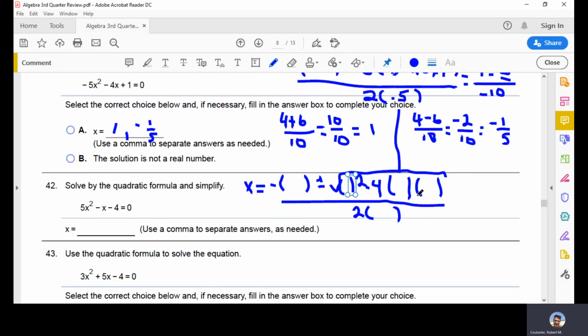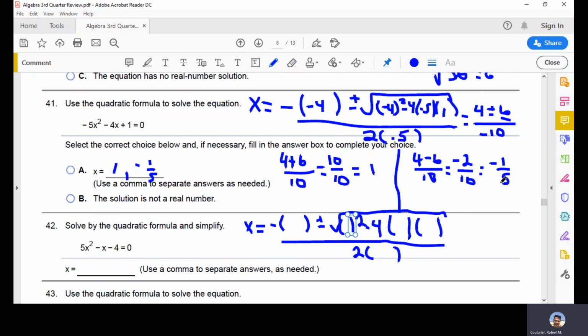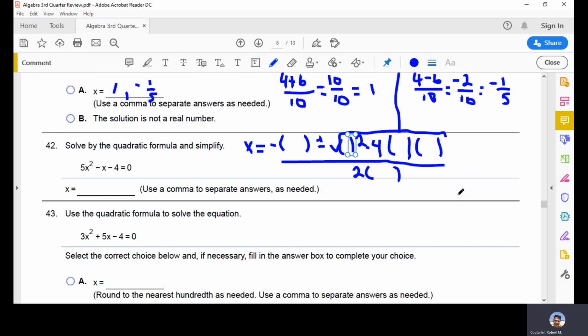Right? Do your side work, calculate all the stuff under the square root first, and check it is a perfect square. All right? Then you finish simplifying and you break it apart in the end, just like we did above.